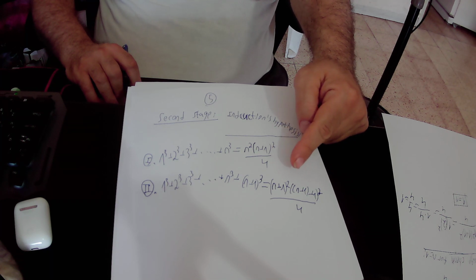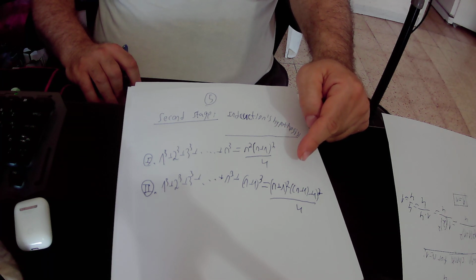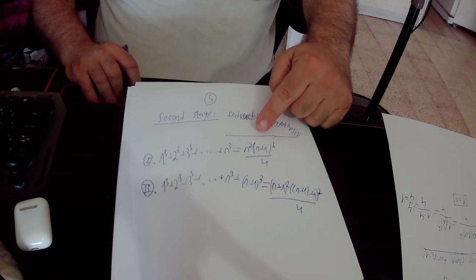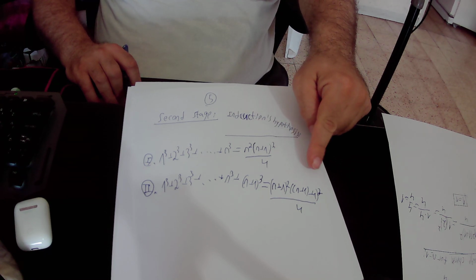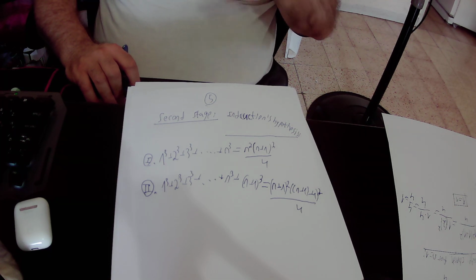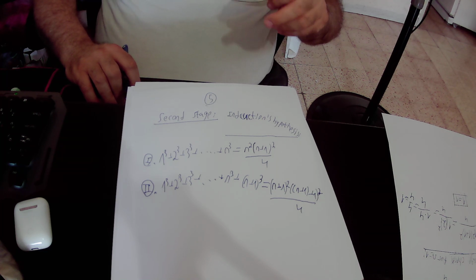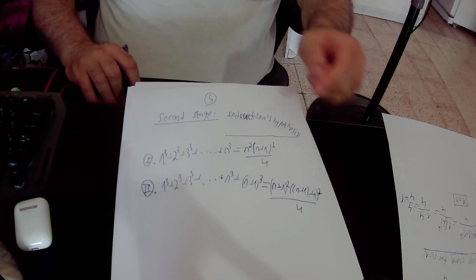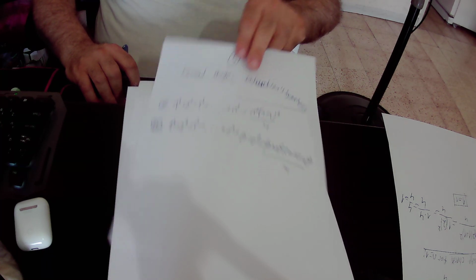Okay, so wherever it is written n, we will write n plus 1. So we will have (n plus 1) squared times, instead of n we will write n plus 1. So here it is n plus 1, so we write (n plus 1 plus 1) squared, and all divided by 4. Okay, so n plus 1 plus 1 is n plus 2, so we write it down.